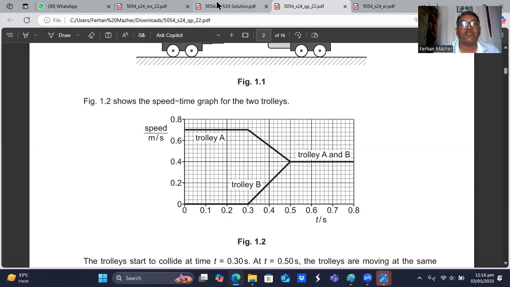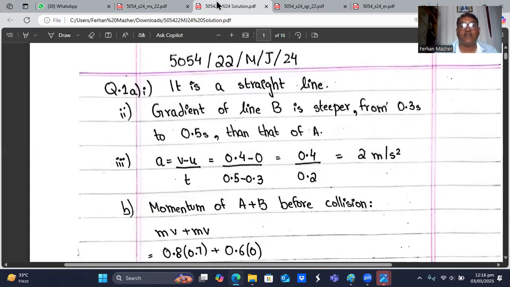So we have taken 2 points. One point is 0.3, 0, and the other point is 0.5, 0.4. And we apply the gradient formula, or you can say the acceleration formula, that is v minus u divided by t, or change in the velocity divided by the change in the time.